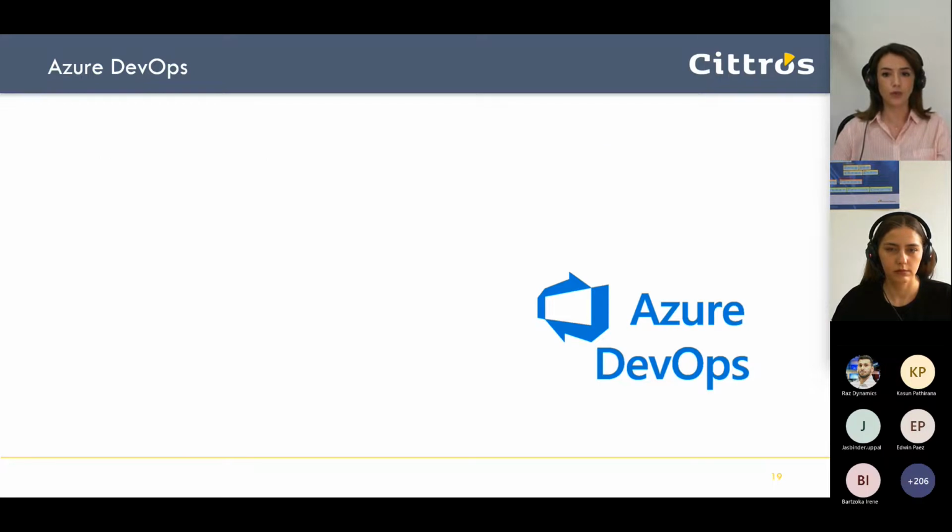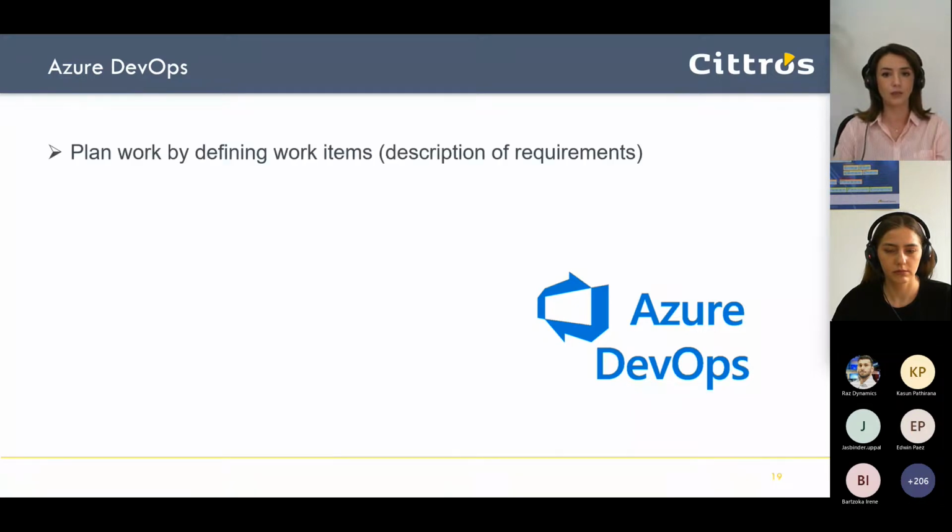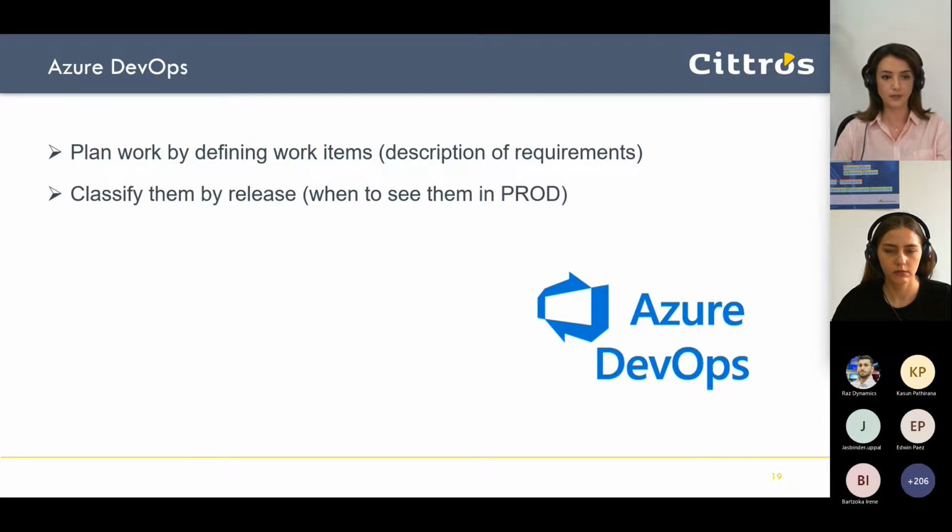Azure DevOps provides services for allowing the team to plan their work by defining work items. The work items represent your business requirements that you want to implement, or maybe defects that you want to correct. Then you classify them by release, meaning when you would like to see them ready in production.